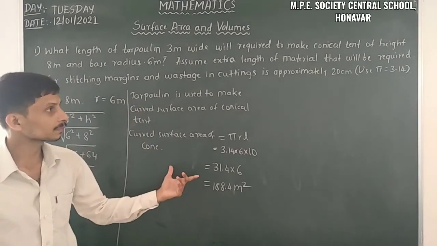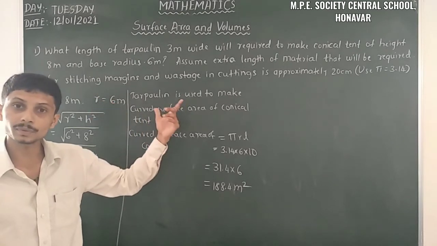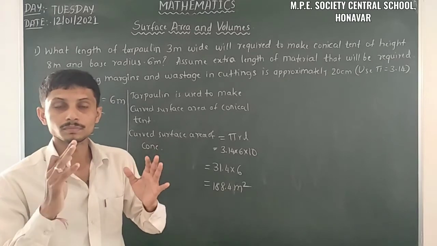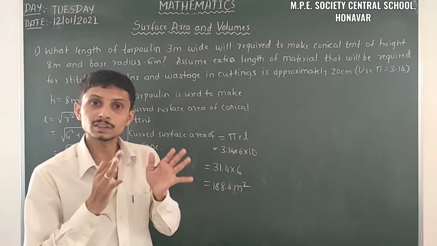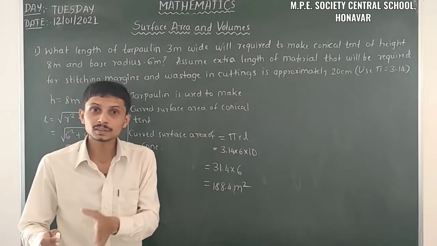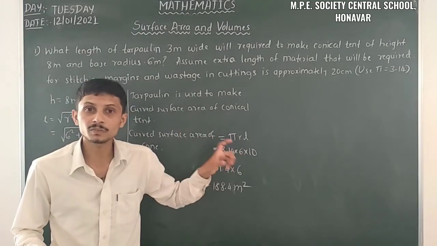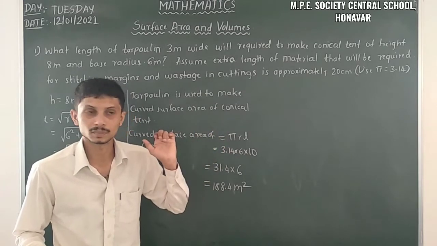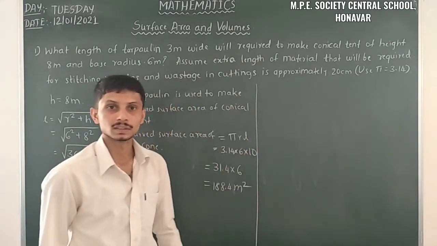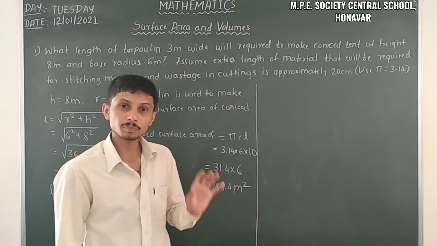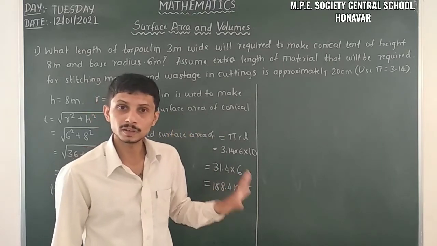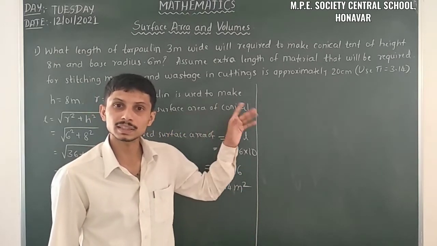So we have the curved surface area, that is the area of the tarpaulin used to make this curved surface. But in the length, some part is wasted for making stitches, so we have to take that into account. Just observe, that 20 centimeter part is wasted because of stitchings and cuttings.